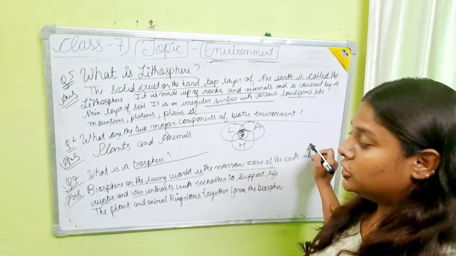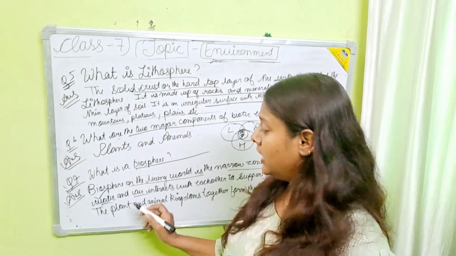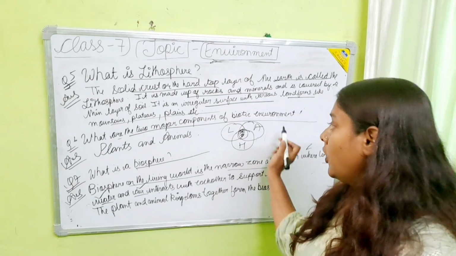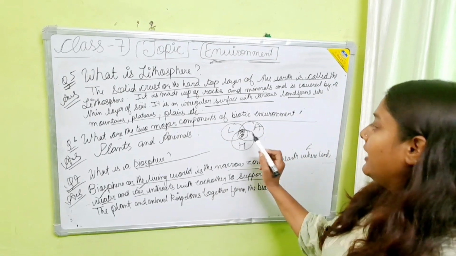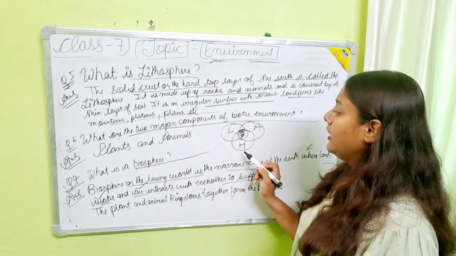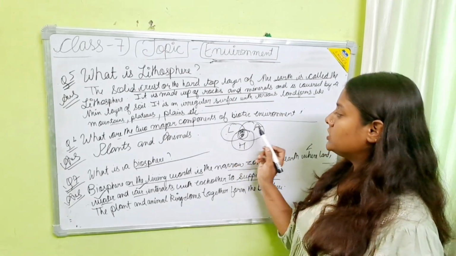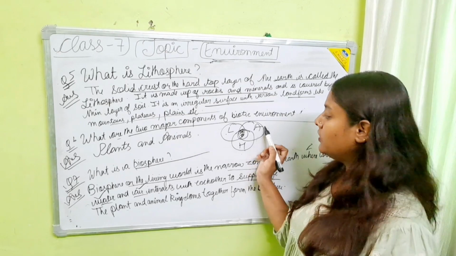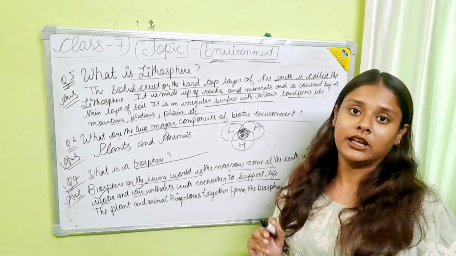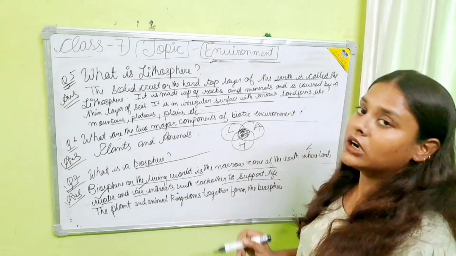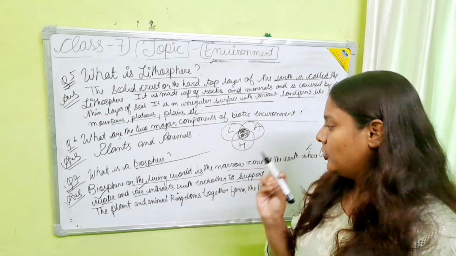Land is lithosphere, water is hydrosphere and air is atmosphere, all three of them interact with each other to support life. When lithosphere, atmosphere and hydrosphere interact with each other and form a spot which is suitable for life, this spot is regarded as biosphere.